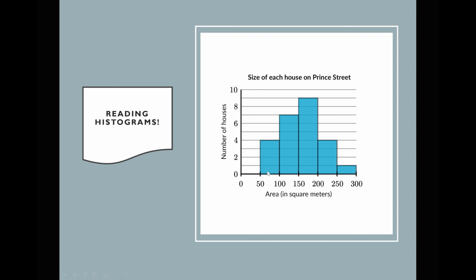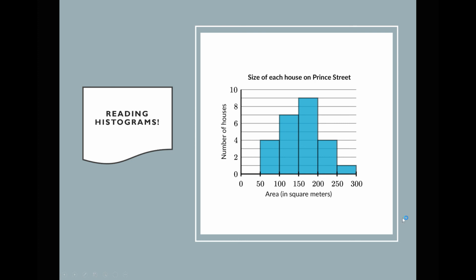We can see, for example, that 1, 2, 3, 4 houses on Prince Street were smaller than 100 square meters. We could see that only one house on Prince Street was larger than 250 square meters. 5 of them, 1, 2, 3, 4, and 5, since it's scaled by ones, were over 200 square meters.